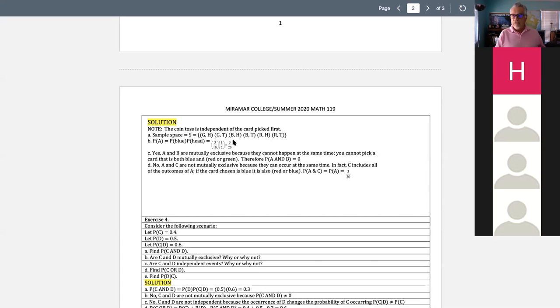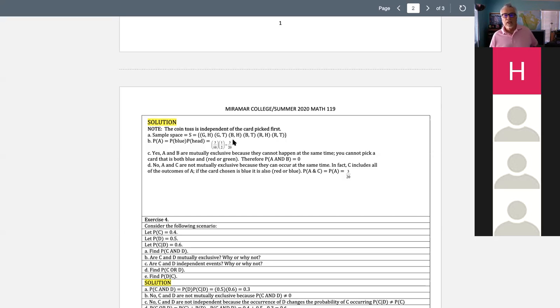Now, the multiplicative rule from your text is defined in terms of conditional probability. That is, the probability of A and B turns out to be the conditional probability of A given B times the probability of B. And we'll see that in the next problem.